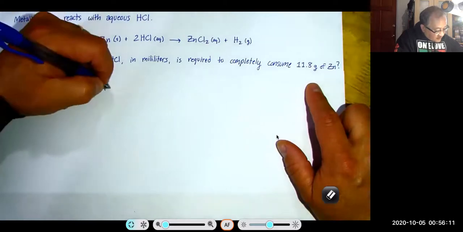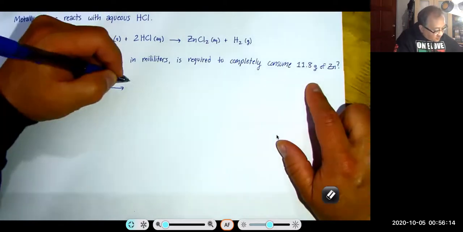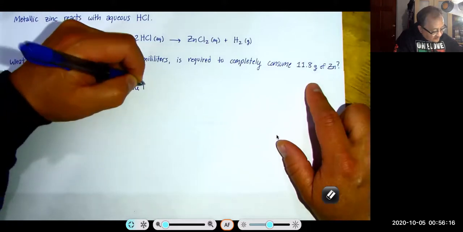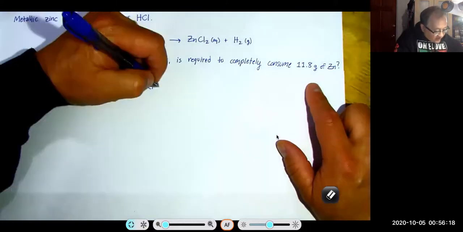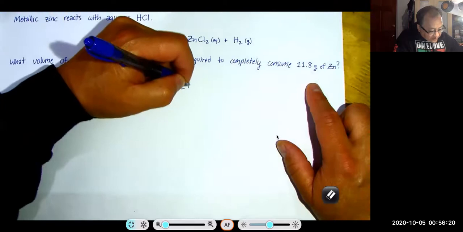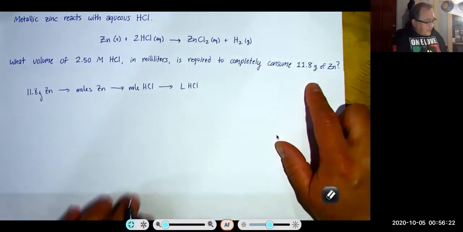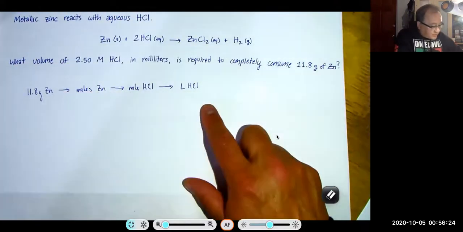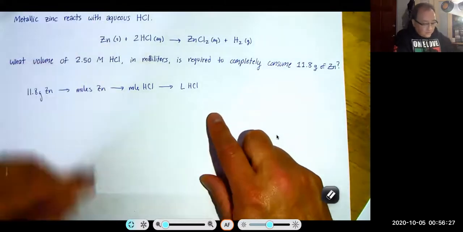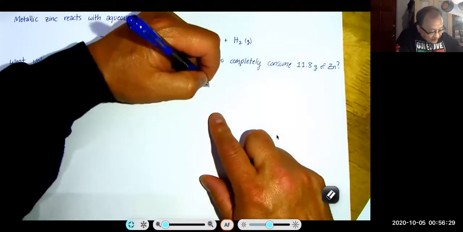And then we're going to take the moles of zinc and turn that into moles of HCl. And then we're going to turn that into liters of HCl using the concentration. Now, since they want the answer in milliliters, we're going to have to convert this into milliliters of HCl.